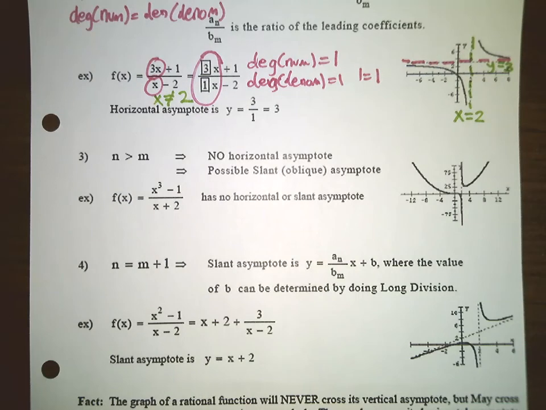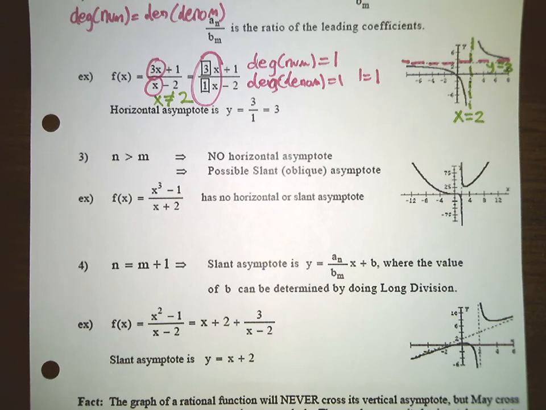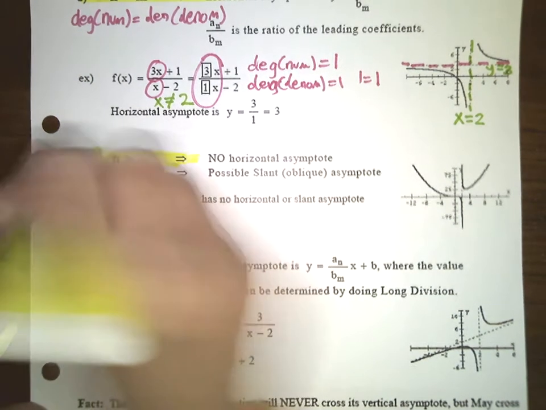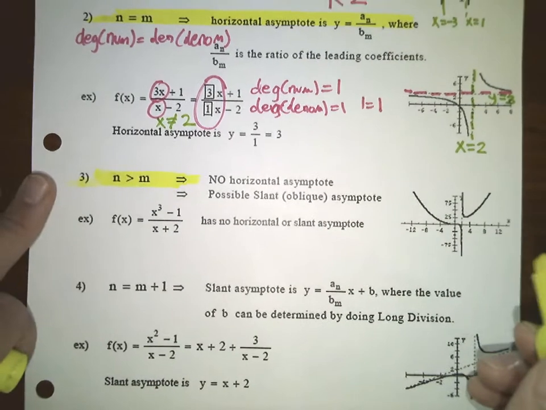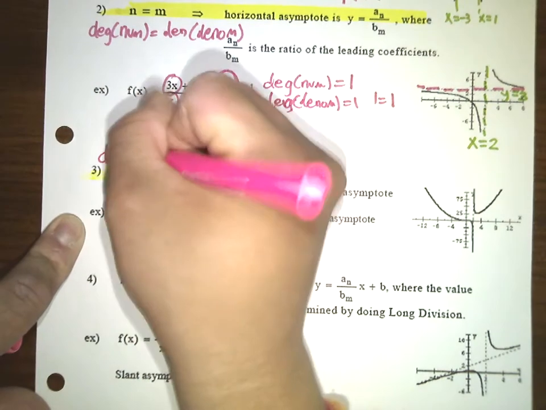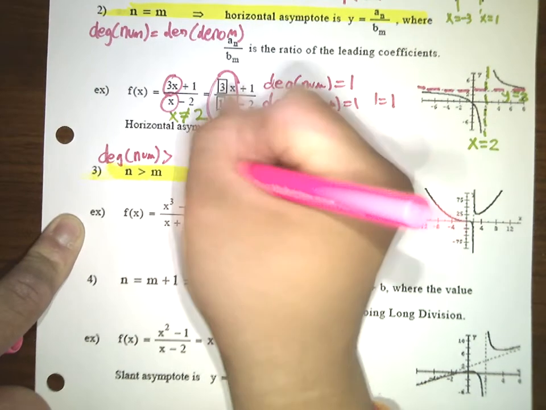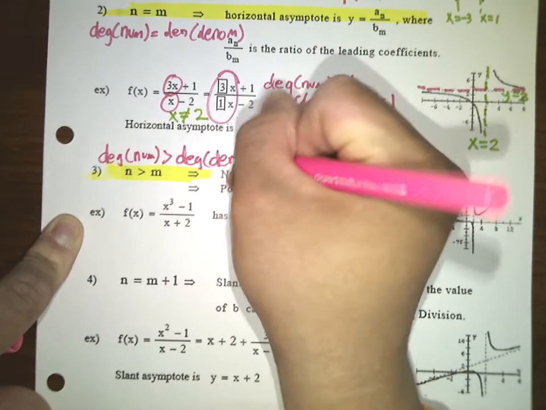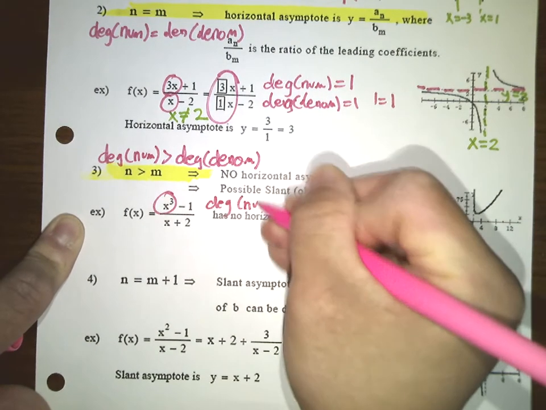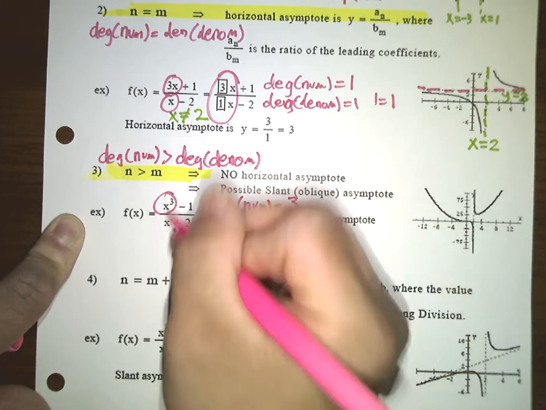All right, so now here's another one. Here is where the degree of the numerator is actually bigger than the degree of the denominator. And so here we have the degree of the numerator would be 3.